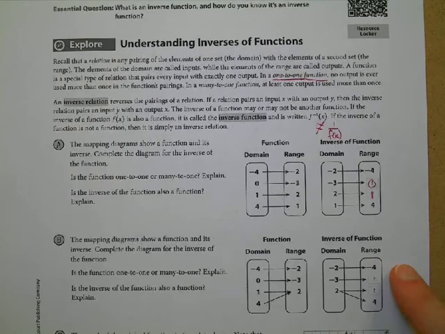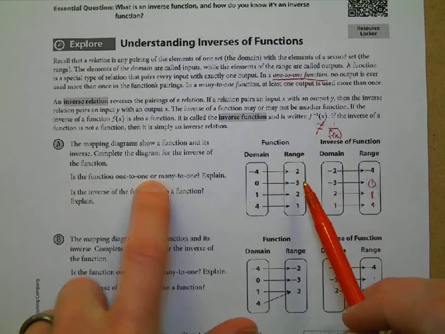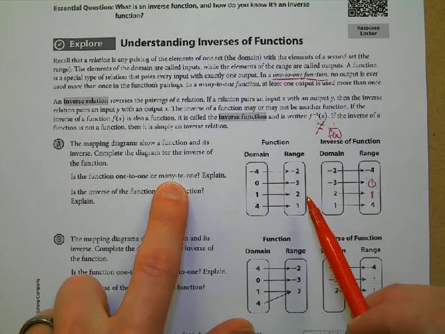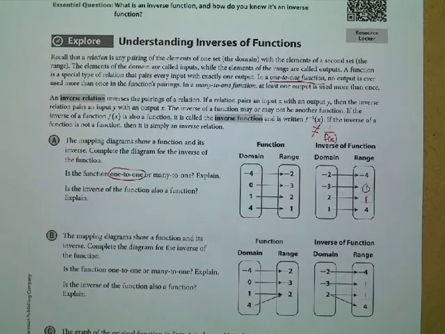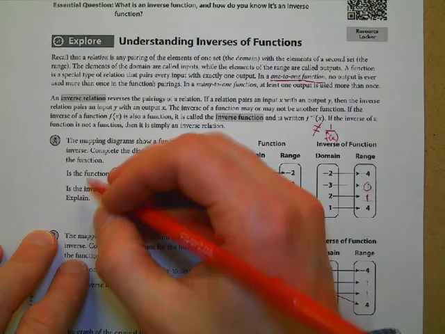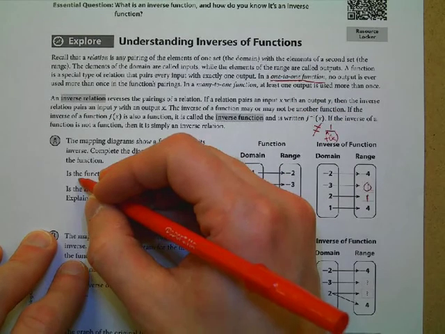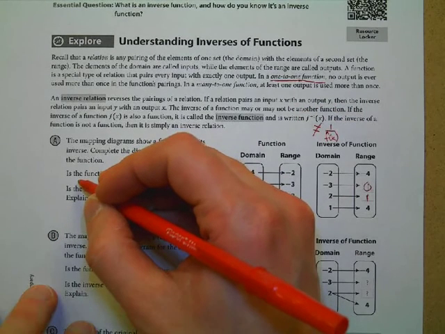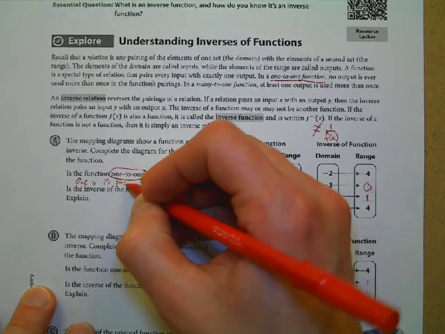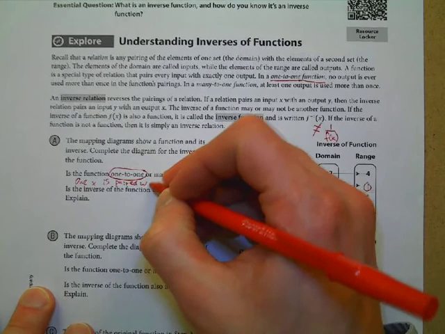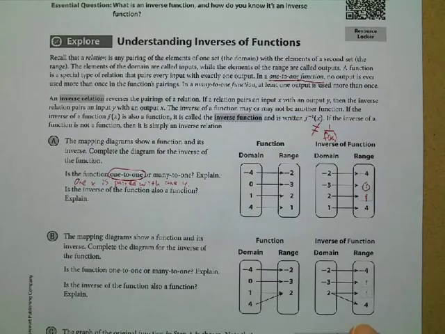Okay? Is this function one-to-one or many-to-one? One-to-one. Okay? Let's see here. How do I want to say this? 1 x is paired with 1 y. Okay?